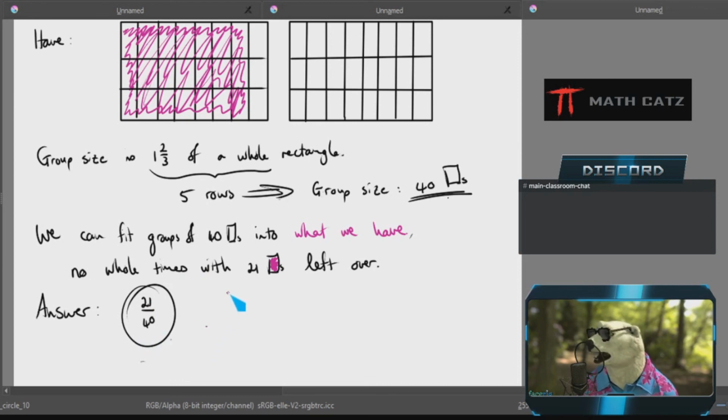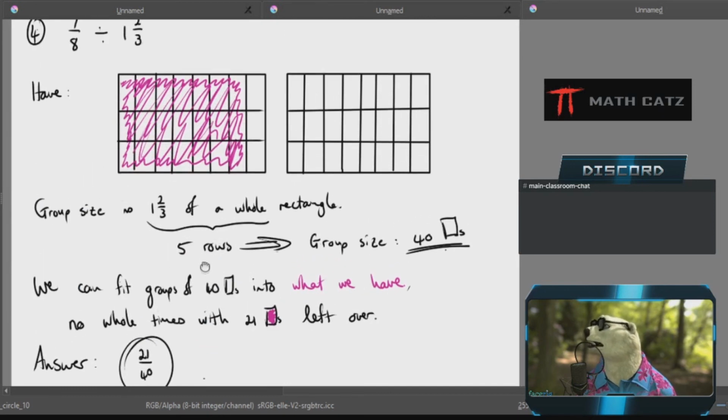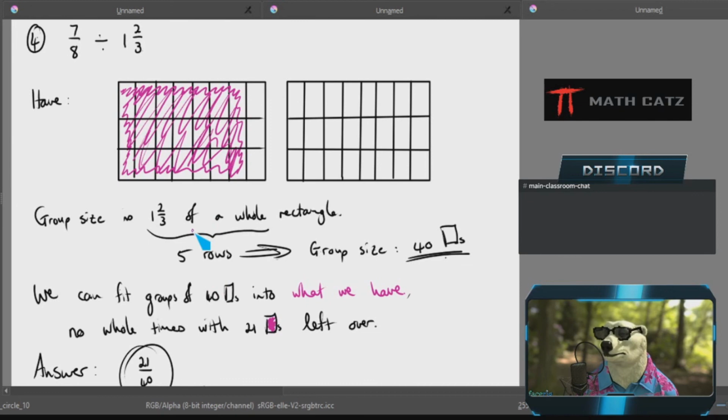When you understand what the division is asking, and you have figured out how you want to lay out your answer, it doesn't matter what the sizes are that you're working with. It doesn't matter. The fitting in is the same.